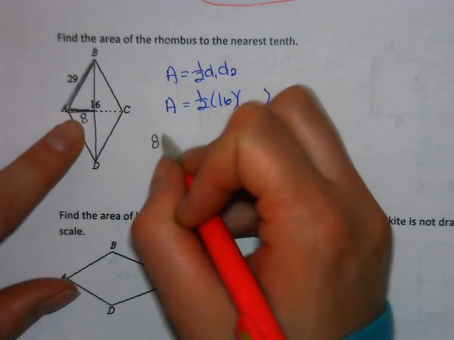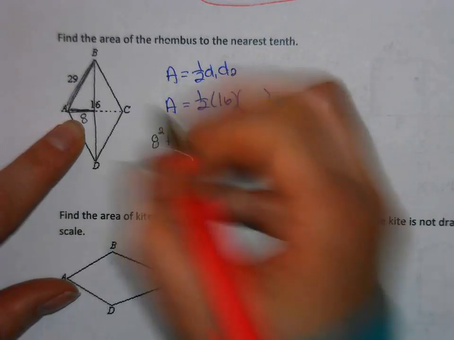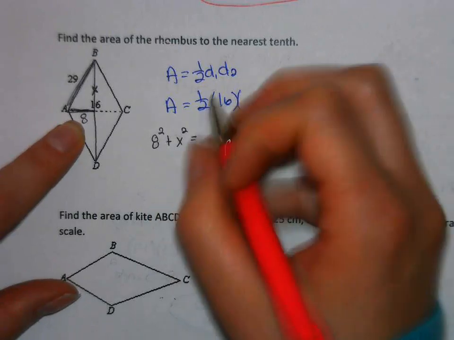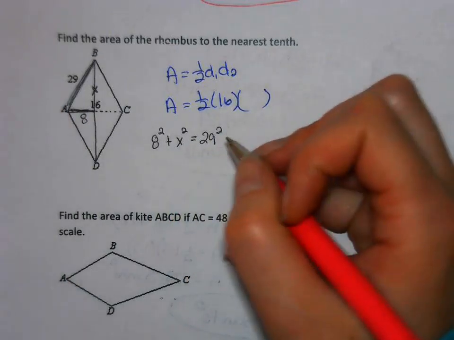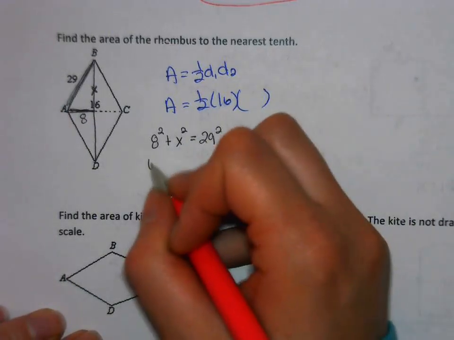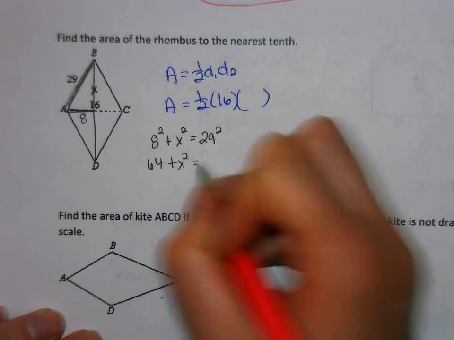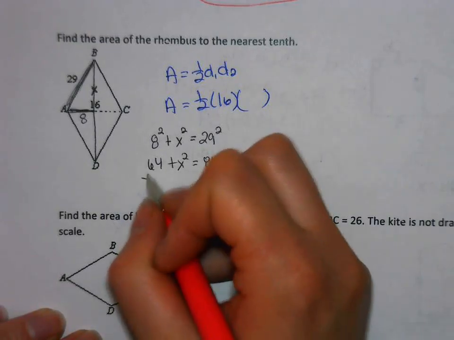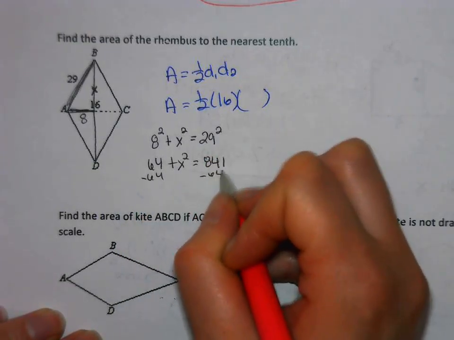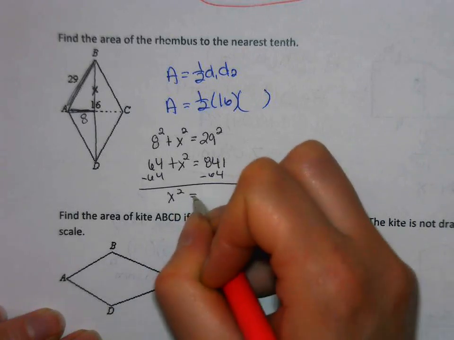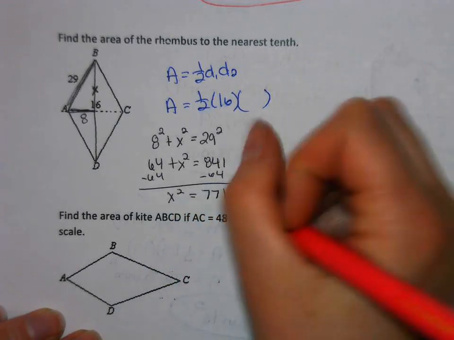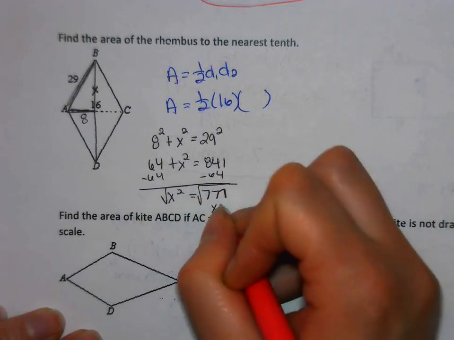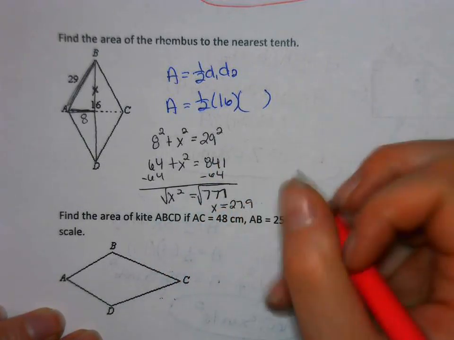So we know we have 8 squared plus, we don't know what this length is, so I'm going to say x squared, and our hypotenuse is 29 squared. So we end up with 64 plus x squared equals 841. If we subtract 64 from both sides, x squared equals 777. And if we square root both sides, x equals 27.9.